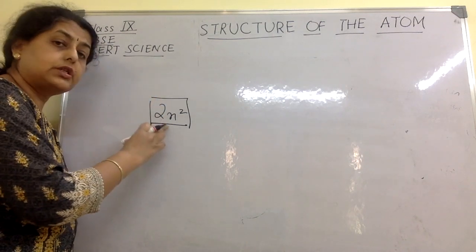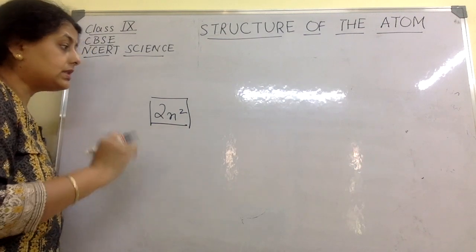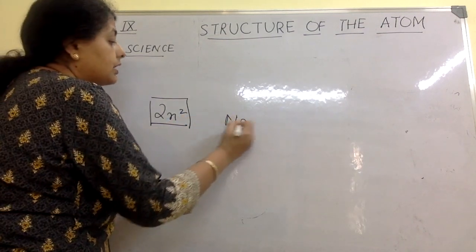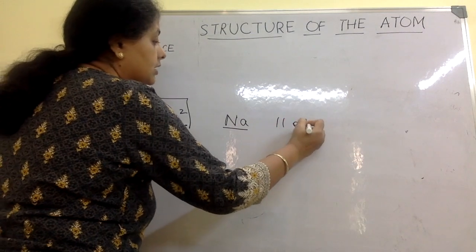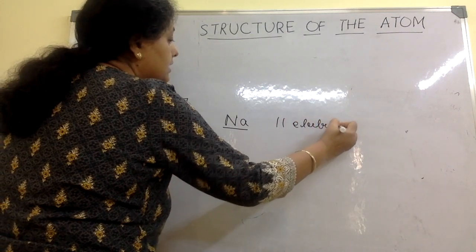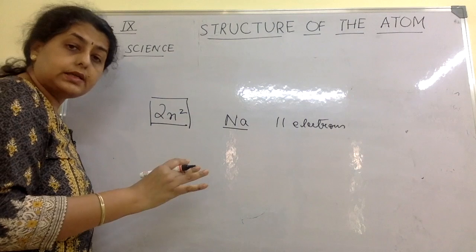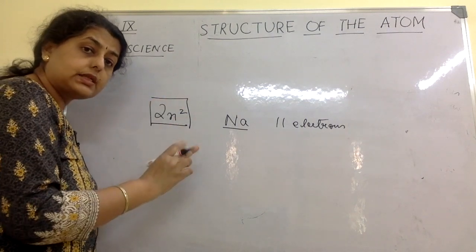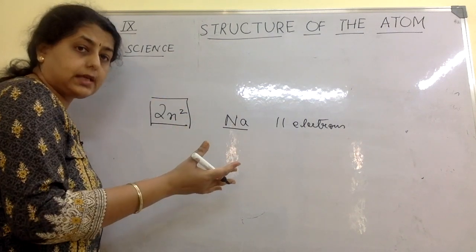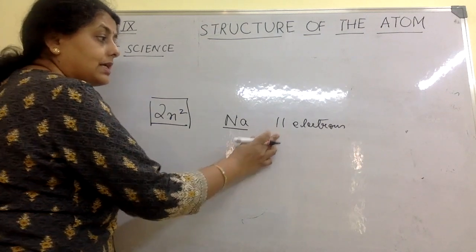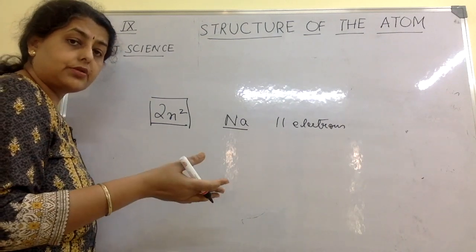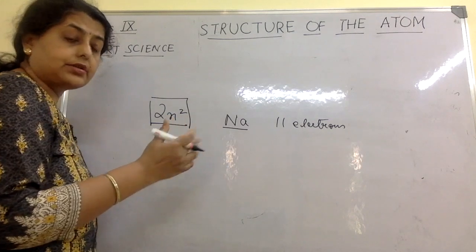Like if it is the first orbit, we'll put 1 here. So let us take sodium. Sodium has 11 electrons. Okay, we can say sodium's atomic number is 11. That means that it has 11 protons, and that also means it has 11 electrons. Number of protons is equal to number of electrons, right? So it has 11 electrons.